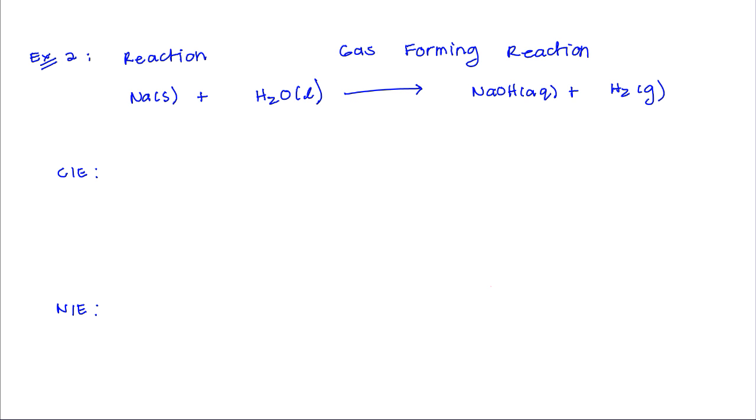The next thing we have to do is balance everything. So on our reactant side, we have 1 sodium. Product side, we have 1. For hydrogen, we have 2. On the product side, we have 3, so we're not balanced.